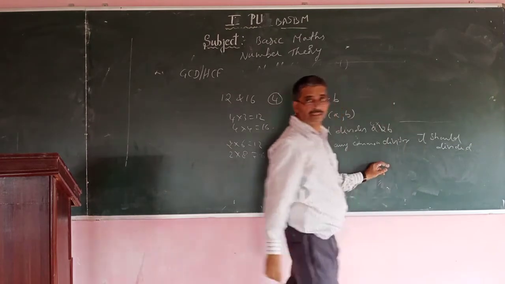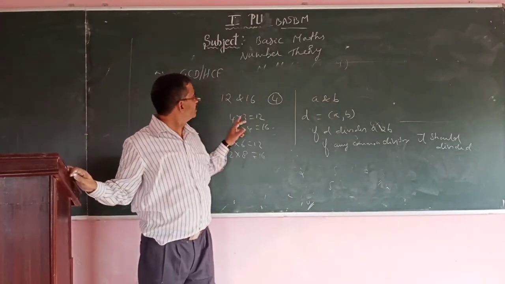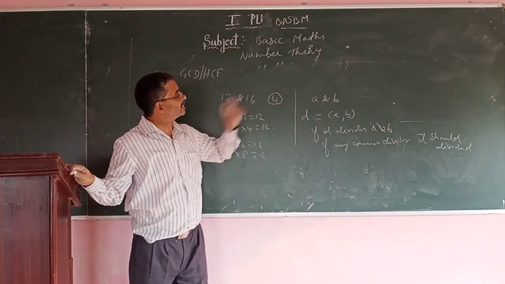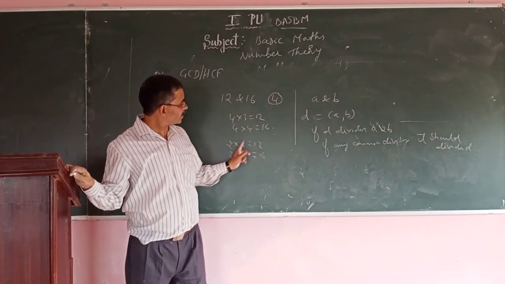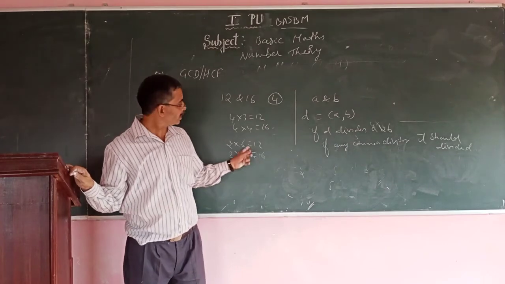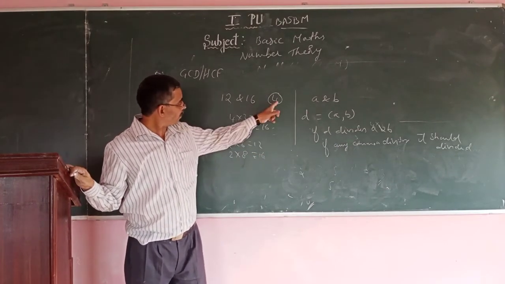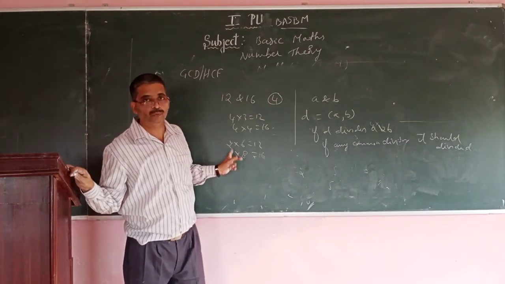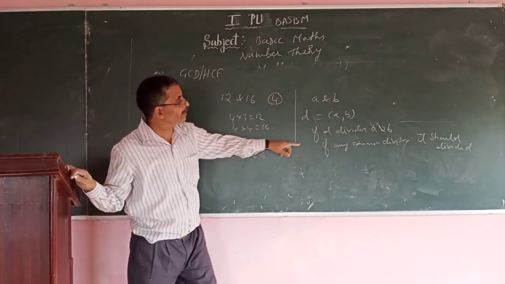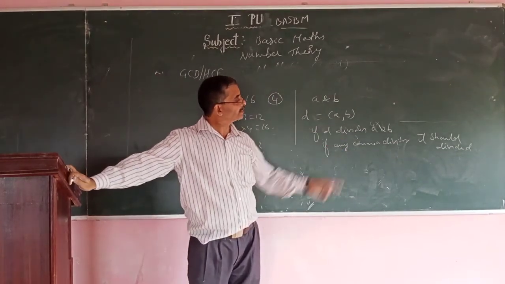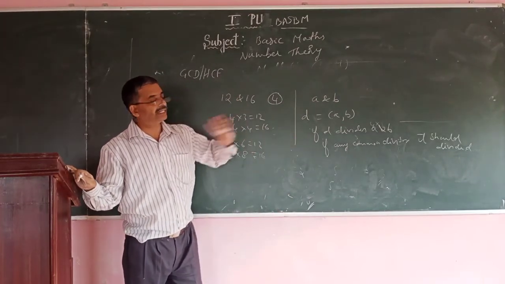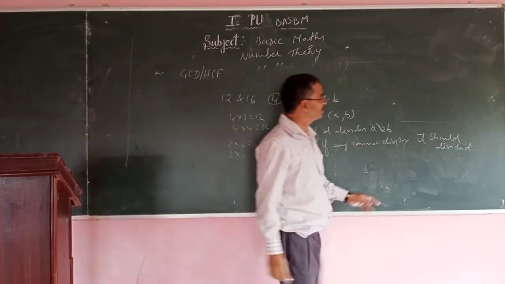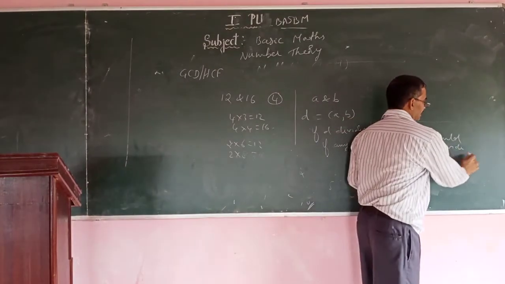For example, just now we discussed 4 is the GCD. 2 also divides both, but 4 is divisible by 2. 2 divides 4. So if any common divisor is there, it should divide D also.